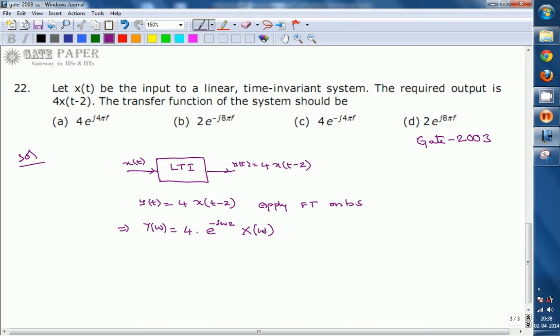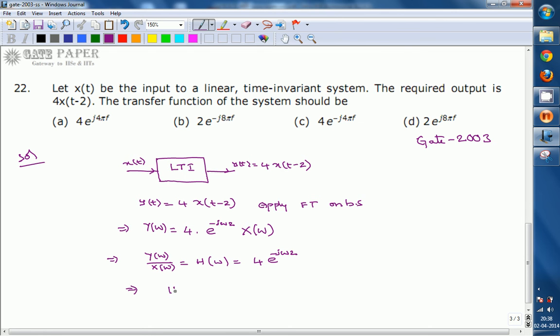So here the options are given in terms of f, so converting the expression in terms of f. The transfer function H of omega, which is Y of omega by X of omega, equals 4 into e power minus j omega 2.